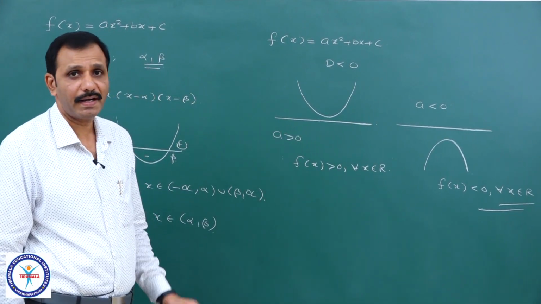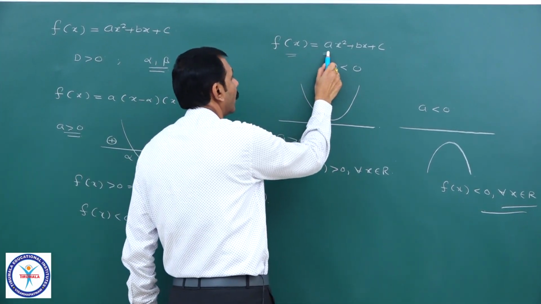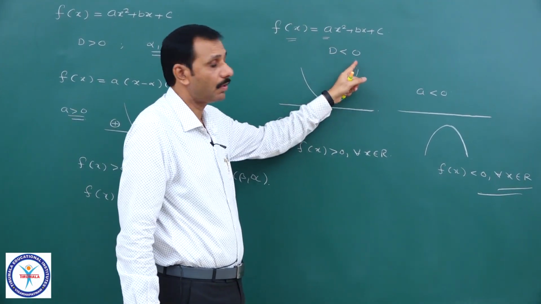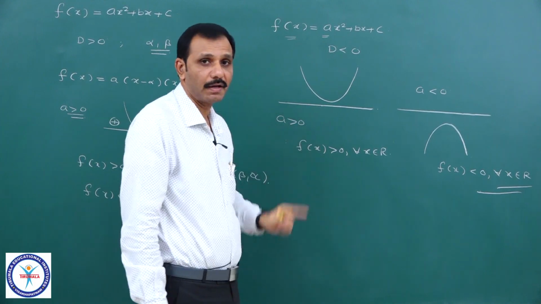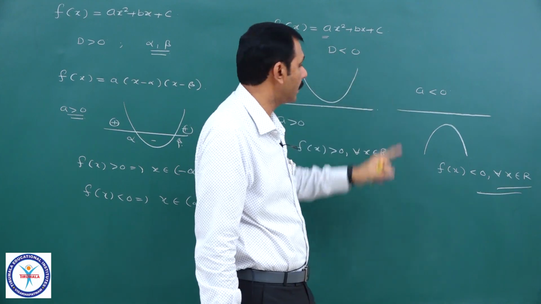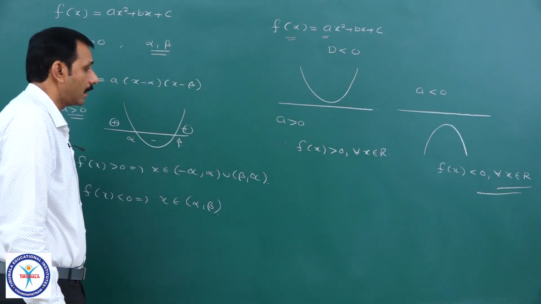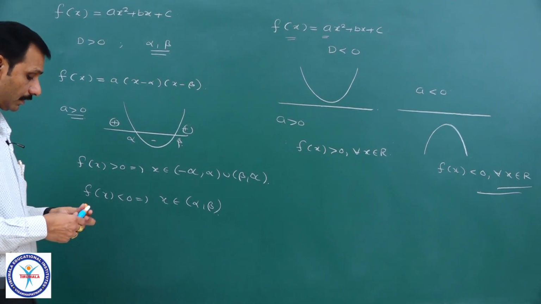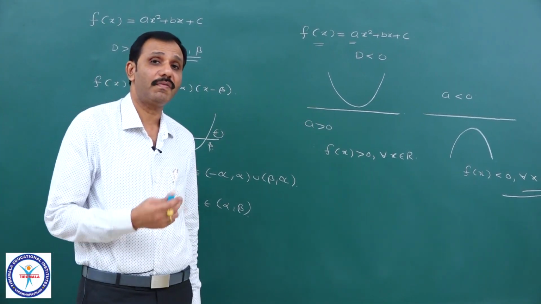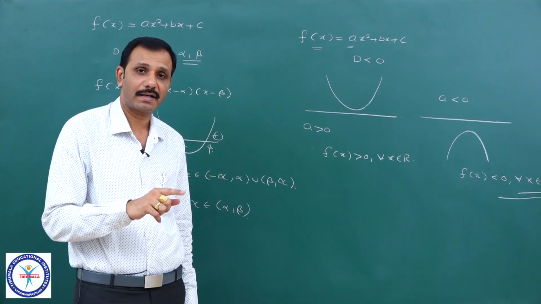That is, whenever it has complex roots, the sign of f of x depends on the coefficient of x square. Whenever a is positive and d is less than 0, this expression is positive for all x belonging to R, and whenever a is less than 0 and the discriminant is less than 0, f of x is less than 0 for all x belonging to R. These points we have already discussed, and we will now see when the expression has more factors, that is, when it is a product of 3 factors, 4 factors and so on.